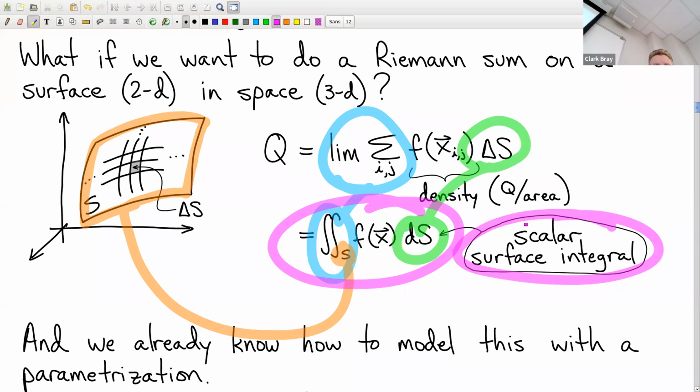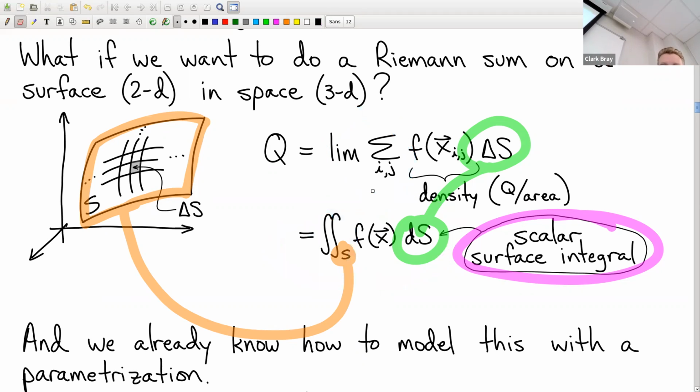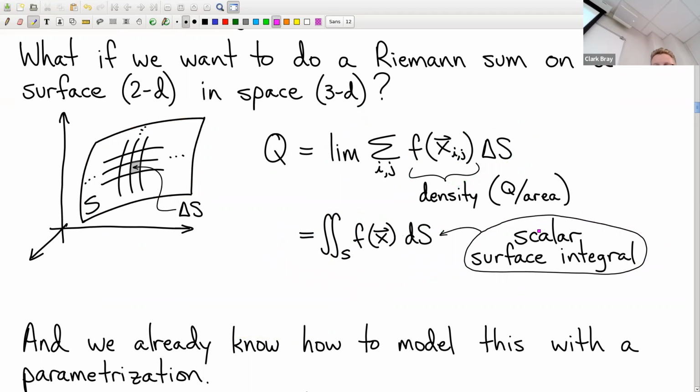What do you think? Now, with the looming question of, yeah, but how do I compute these things? Oh, we'll get there. But just in terms of having a strategy of chop it up, add it up, everybody happy with that part? By the way, just like with line integrals, there's this question of why do we need to specify that this is a scalar surface integral?